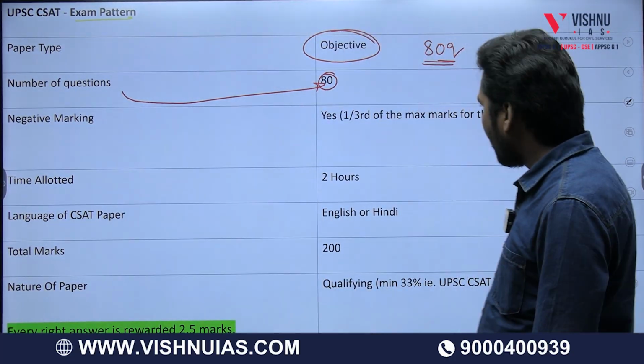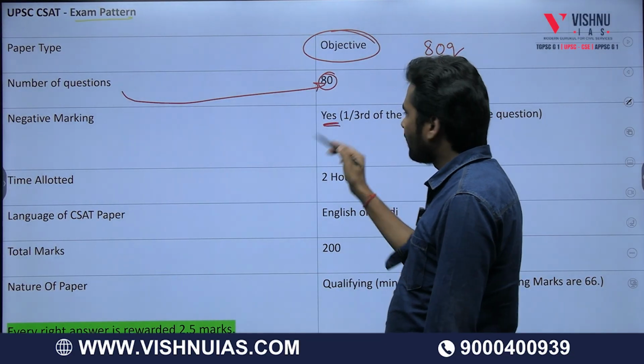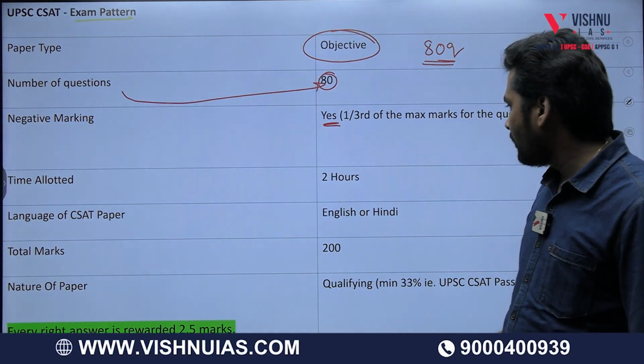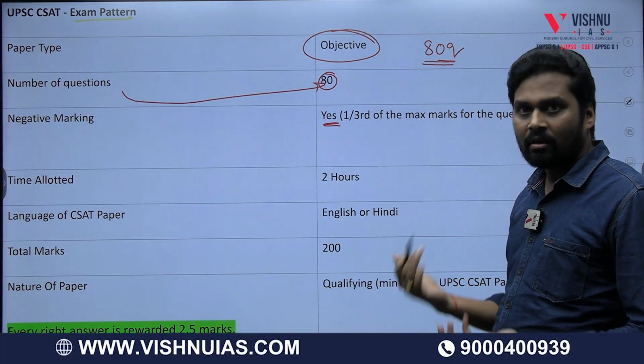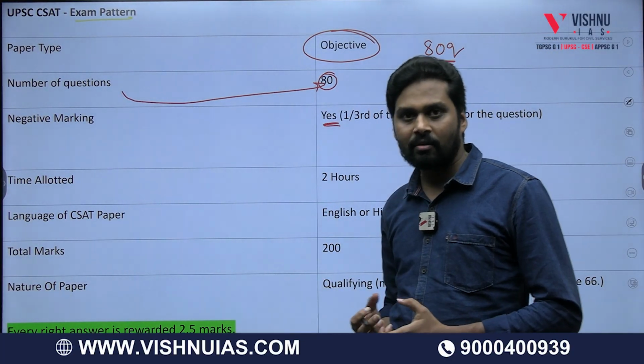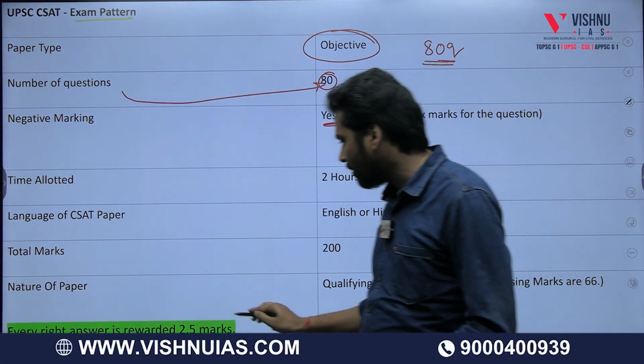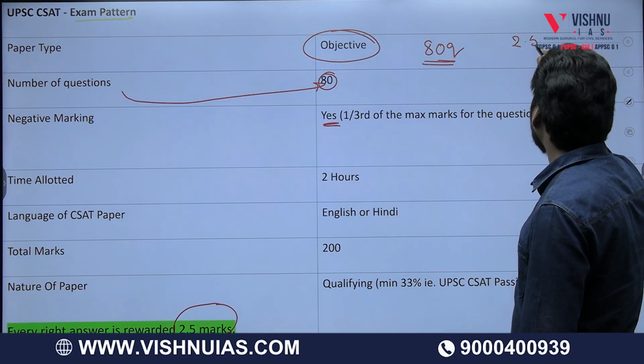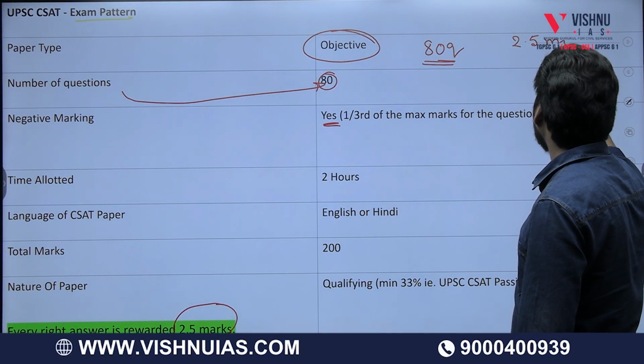Is there any negative marking? Yes, there is a negative marking of 1/3 of the maximum marks. First, for every correct answer, you get 2.5 marks.